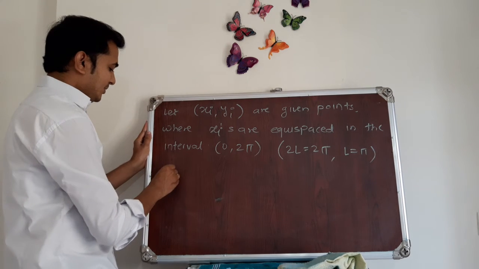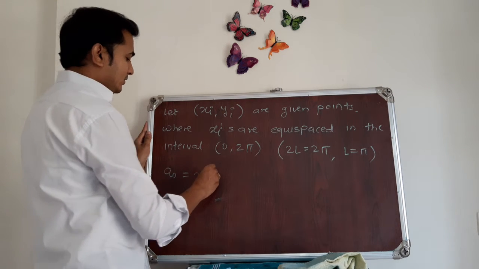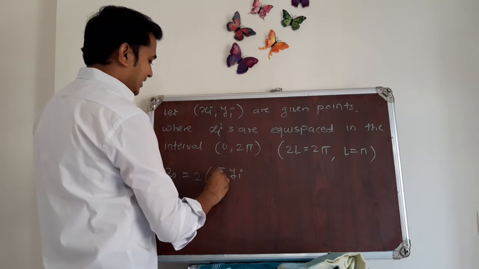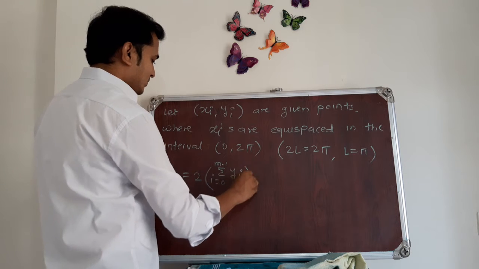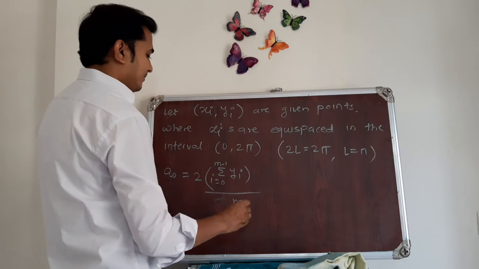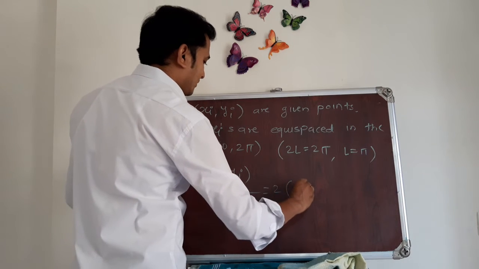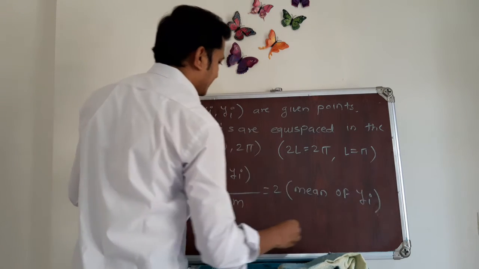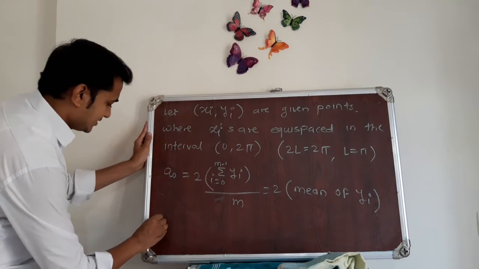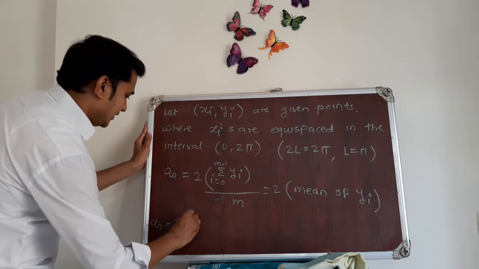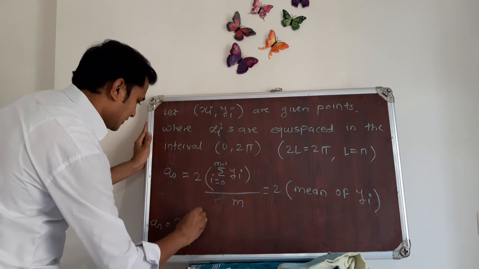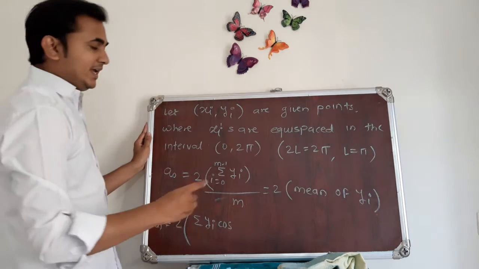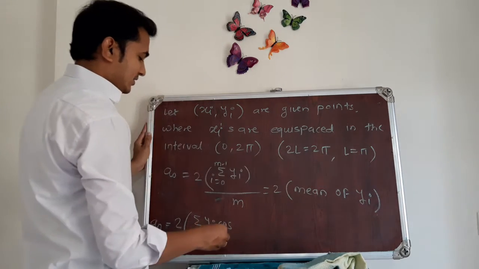So A naught becomes 2 into summation yi, i running from 0 to m minus 1, upon m, that is 2 into mean of yi. An becomes 2 into summation of yi cos of n pi xi upon L, but L is pi, so that gets cancelled.